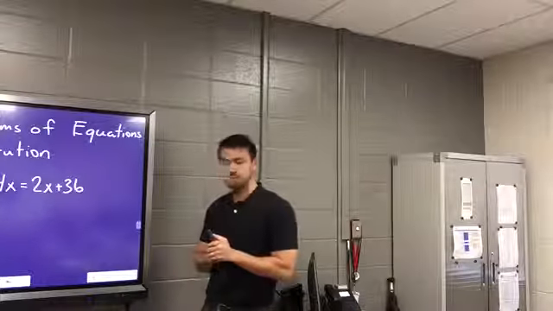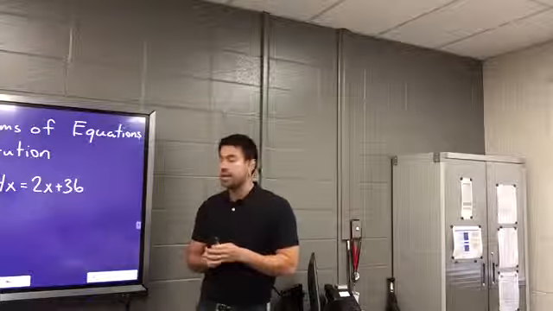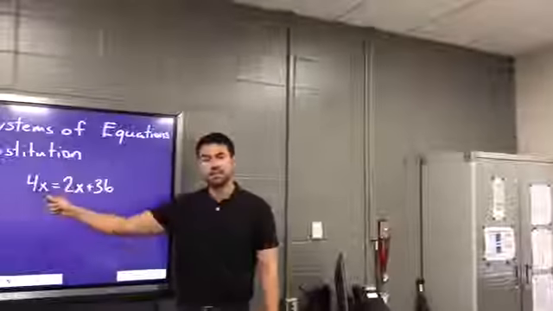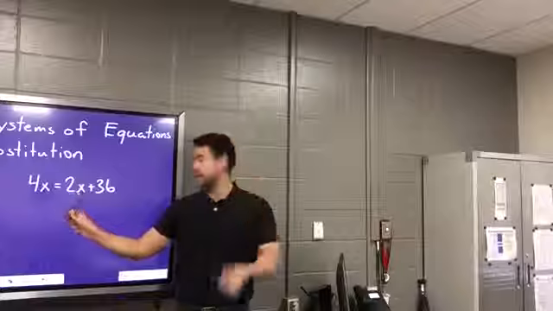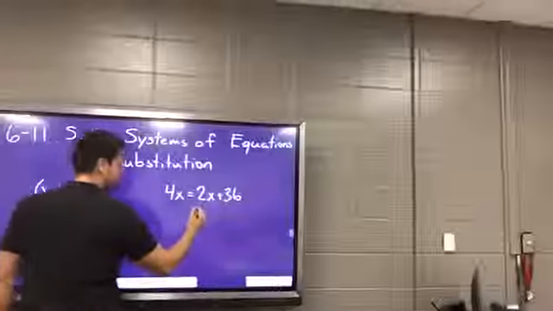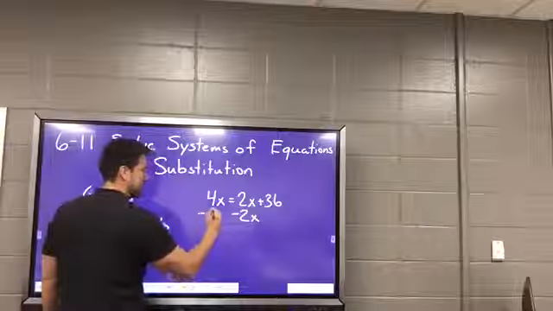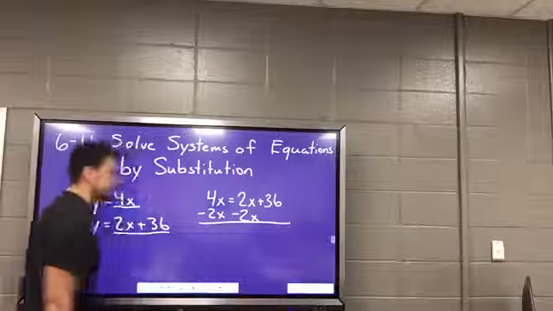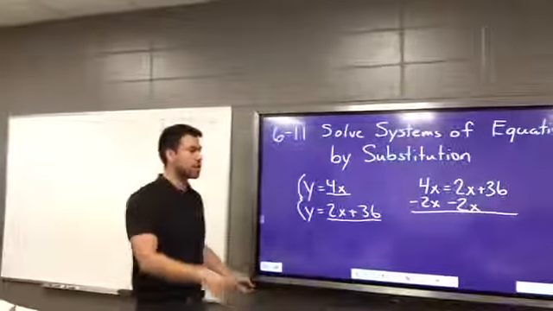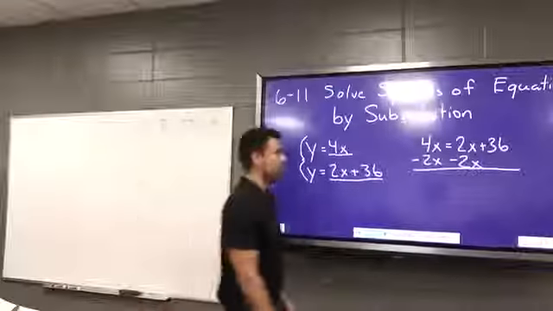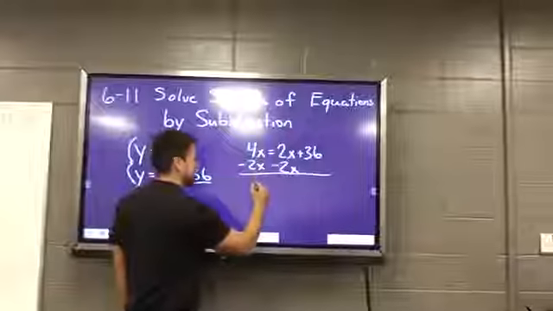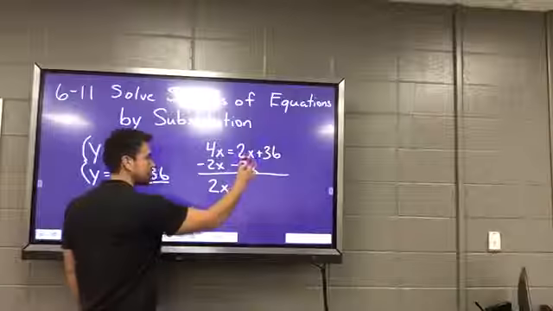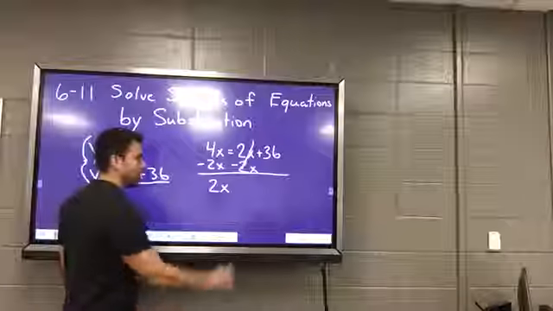Yeah, take 2x, subtract 2x. Isn't x on both sides? I want it only on one side, so one way to do that is to subtract 2x from both sides, which I'm allowed to do. That's the subtraction property of equality. What's 4x minus 2x? 2x. What's 2x minus 2x? 0.